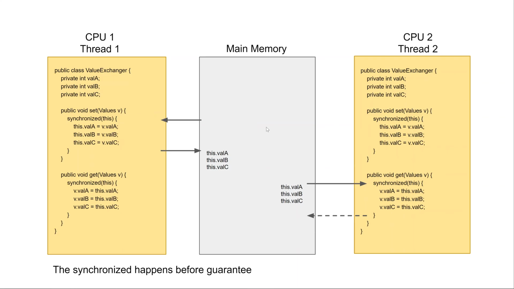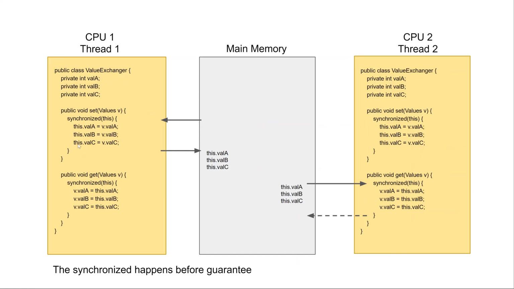In order to fix these problems regarding instruction reordering around synchronized blocks, Java synchronized blocks also come with a happens before guarantee. And the happens before guarantee of a synchronized block is, first of all, that any write to a variable that happens before the exit of a synchronized block is guaranteed to remain before the exit of a synchronized block.